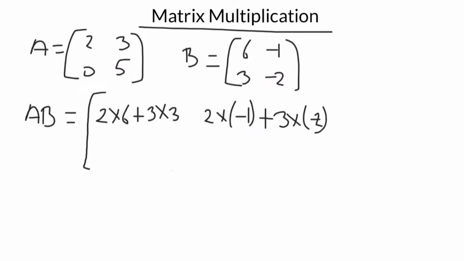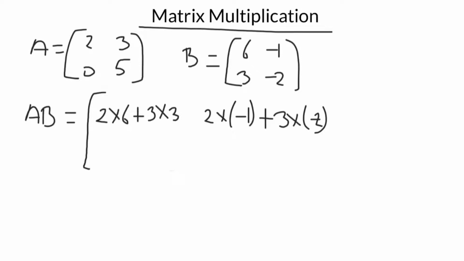Now for the third element of matrix AB, we are going to multiply the second row of matrix A with the first column of matrix B. And similarly, for the last element of matrix AB, the fourth element, we are going to multiply the second row of matrix A with the second column of matrix B. So let's write it down.